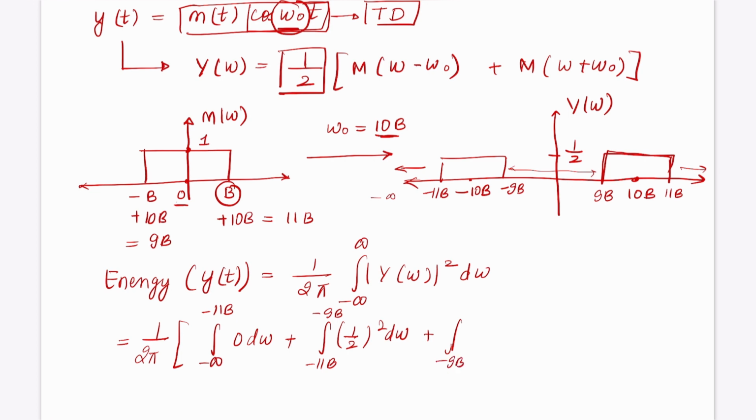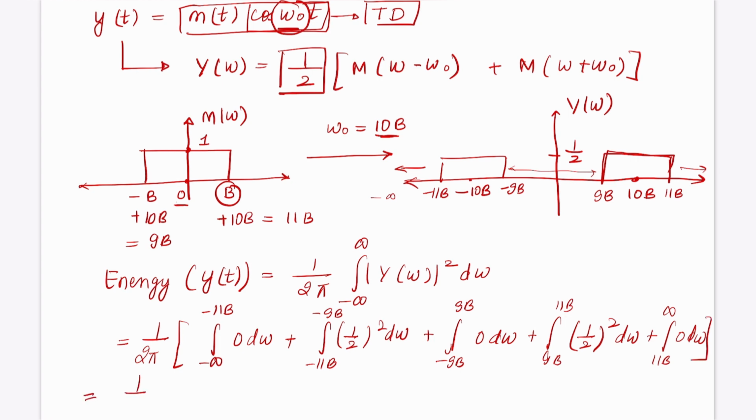From minus 9B to 9B, its value is 0. And again from 9B to 11B, its value is 1 by 2, and because of the energy formula, it will be whole square. Again, from 11B to positive infinity, its value is 0.